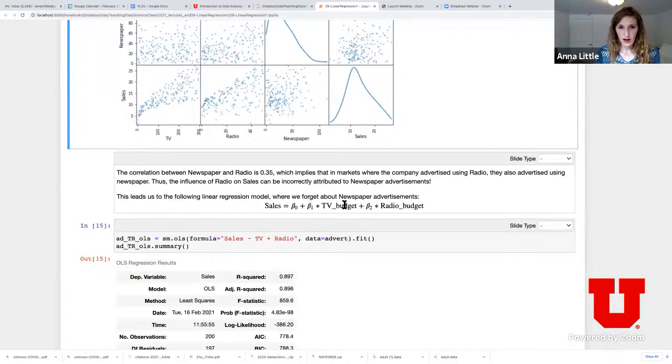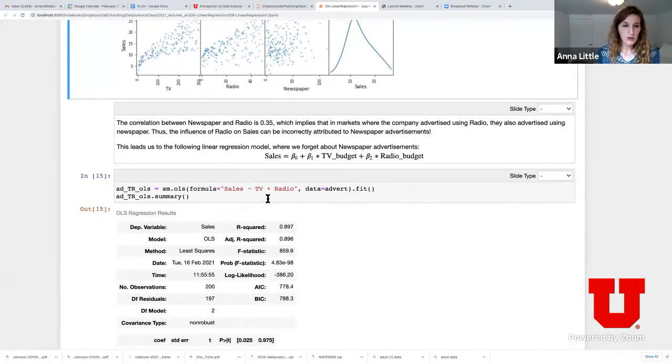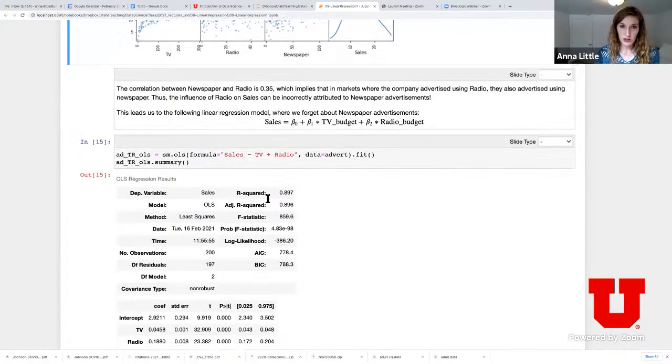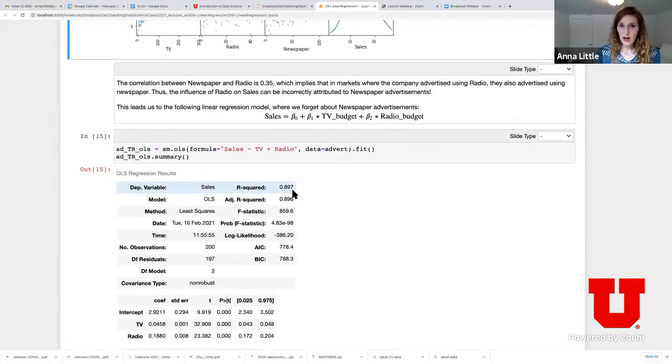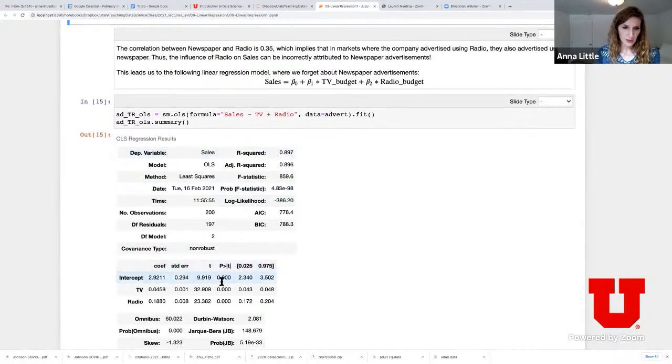And so this would be the best linear model, just using TV and radio. And so if we rerun the regression with just those two factors, we see the R-squared value has not changed. It's still about 90%. And we see that both of these variables are significant predictors.